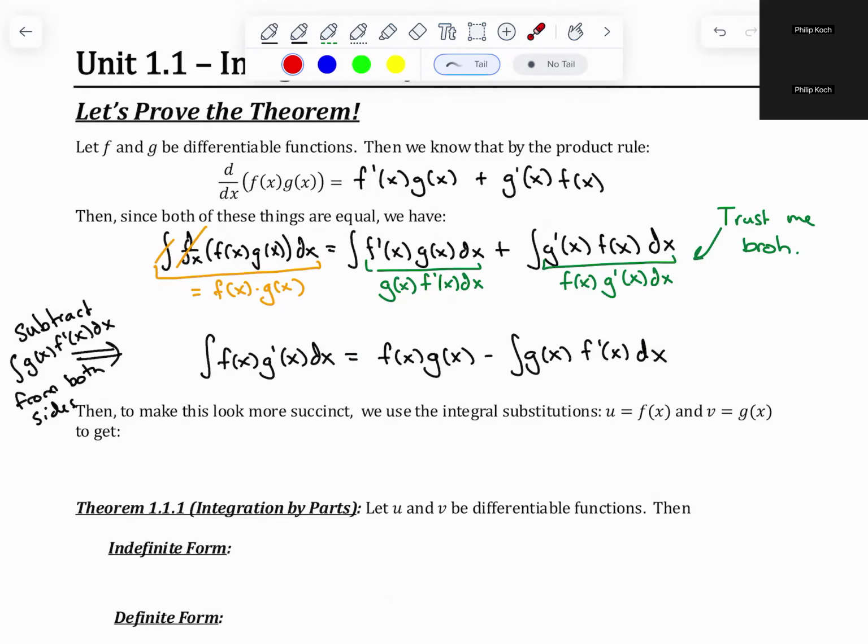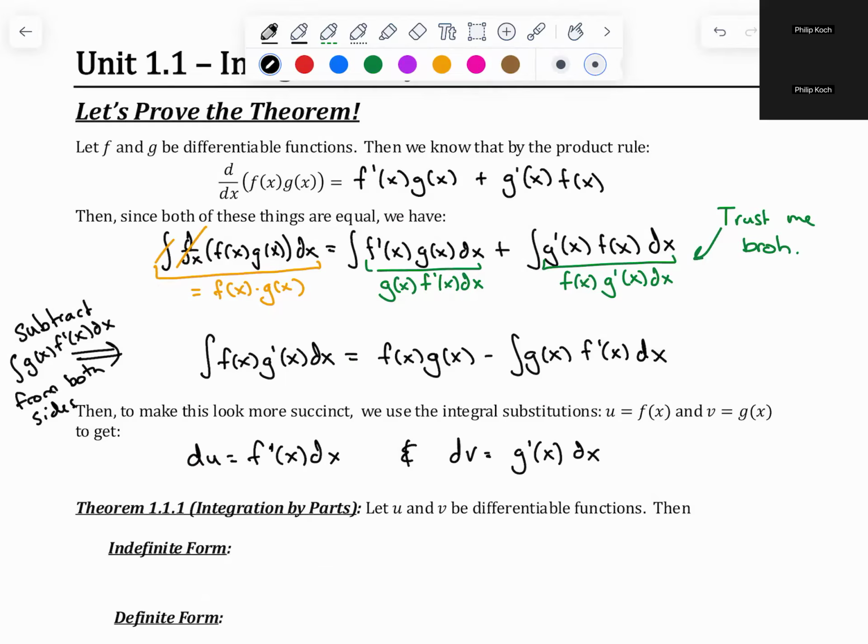To make it more succinct and to make it far nicer to look at, we'll use some integral substitutions. Namely, we'll make u equal to f of x and v equal to g of x to get that du is equal to f prime of x dx and dv is equal to g prime of x dx.